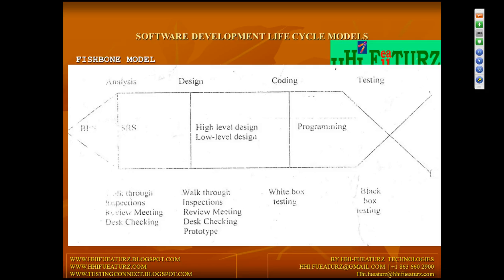Wherever you get asked about STLC, this is what you have to explain. Don't get confused. How does this diagram look? Like a fish, right? Fishbone. That's why you can also consider the software testing lifecycle a fishbone model.